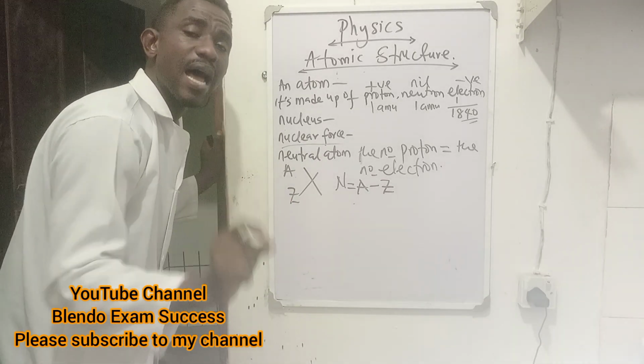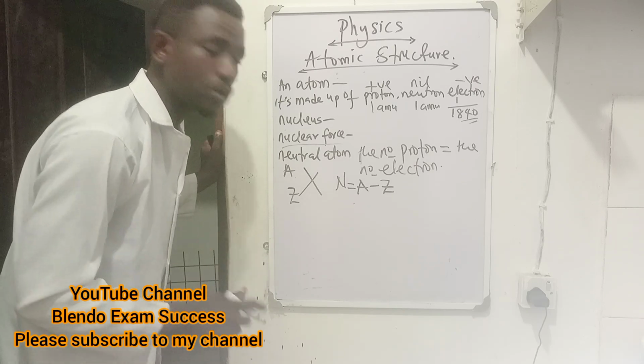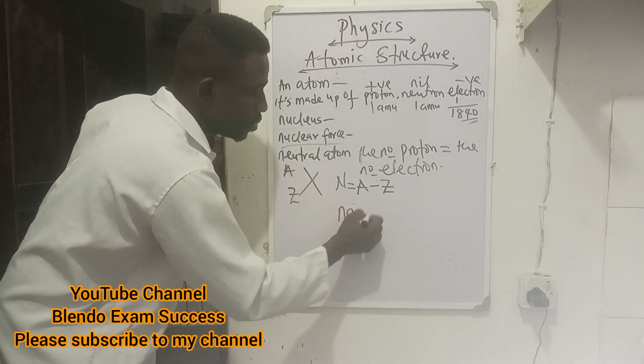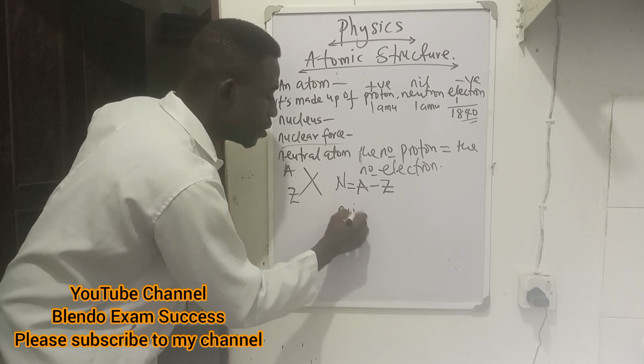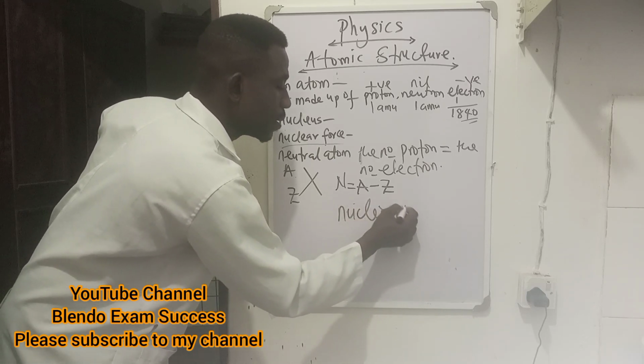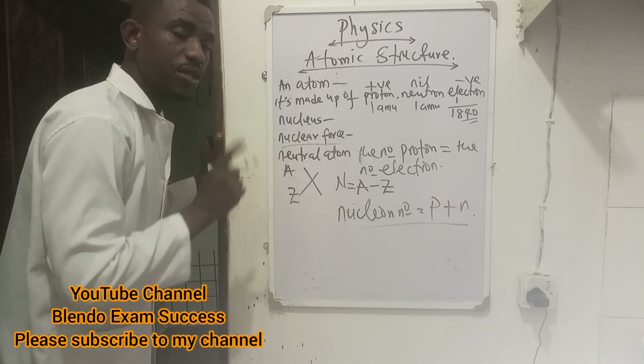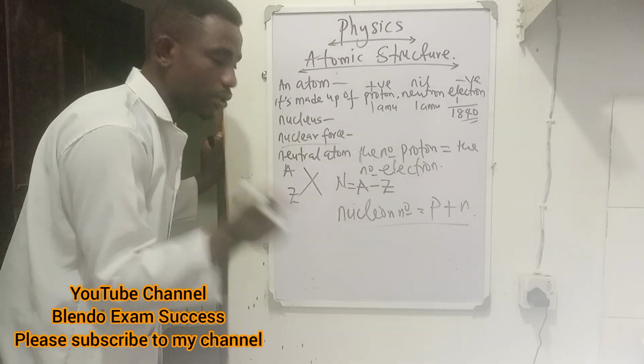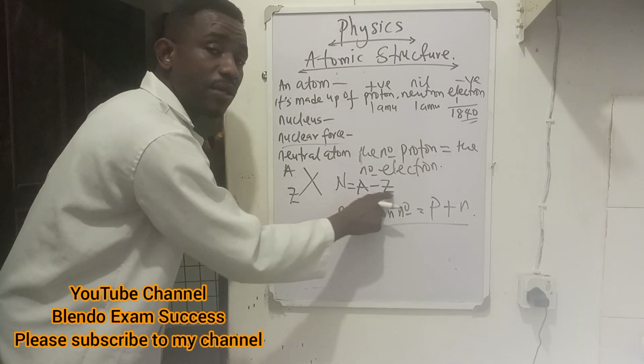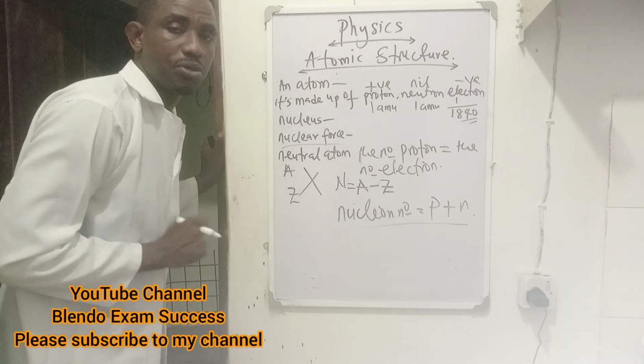The sum of proton and neutron is equal to the nucleon number of an atom. The nucleon number is equal to proton plus neutron. How will you get neutron? N is equal to A minus Z. That is how you get neutron.